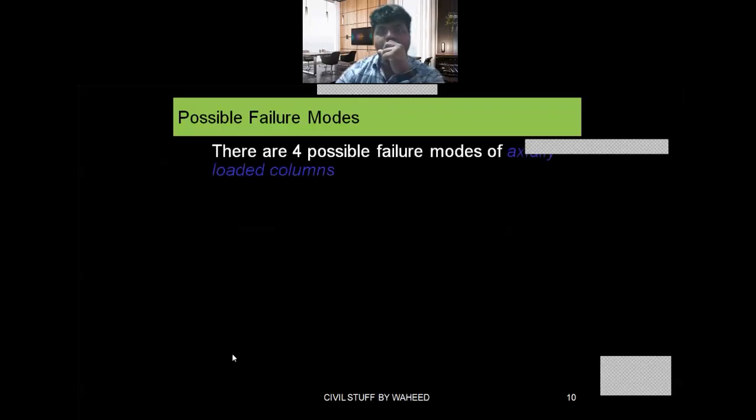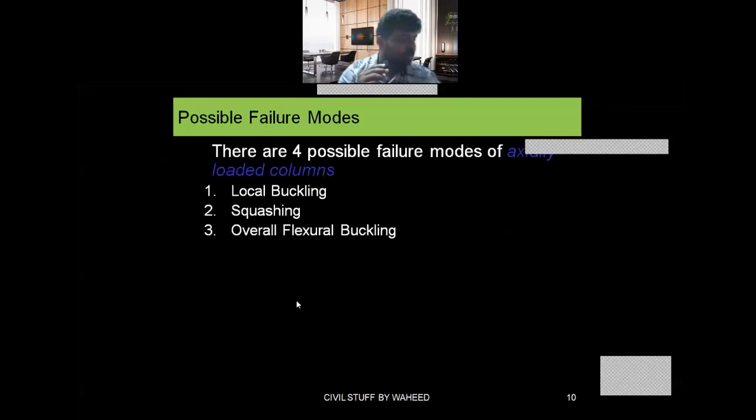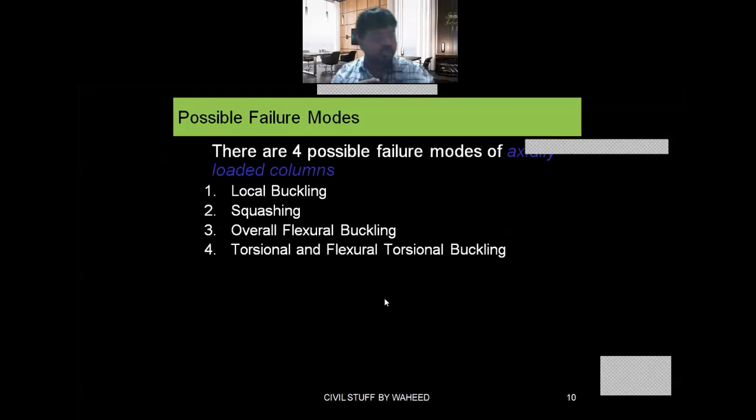Next, what are the possible failure modes of axially loaded columns? That is local buckling, squashing, overall flexural buckling and flexural torsional buckling. These are the things that may be expected in axially loaded columns.